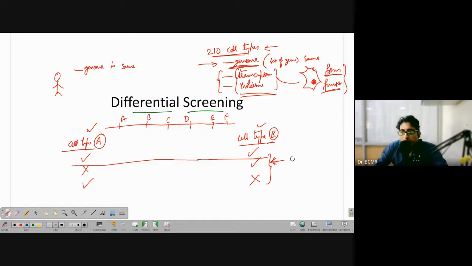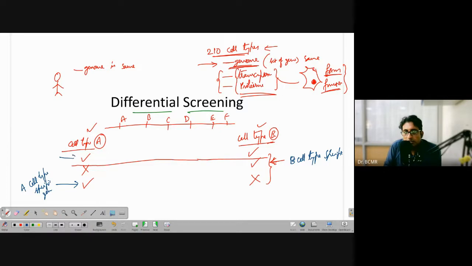These genes will be B cell type specific. That means they must be producing some proteins or enzymes that are essential for the form and function of cell type B. These genes here must be A cell type specific genes.